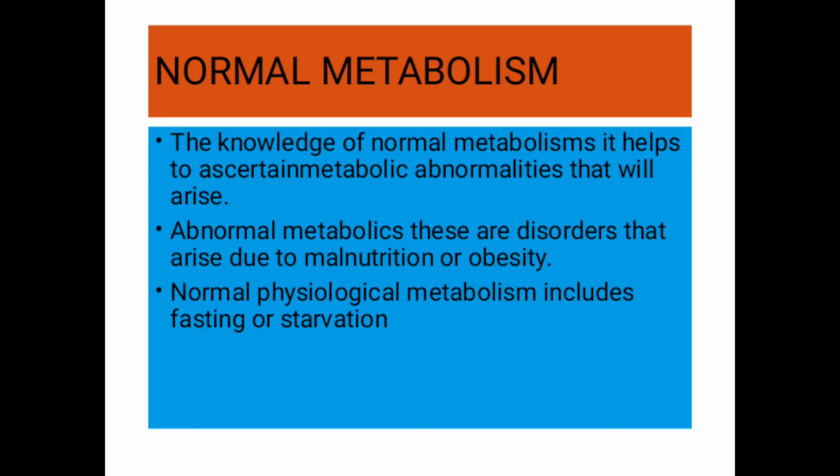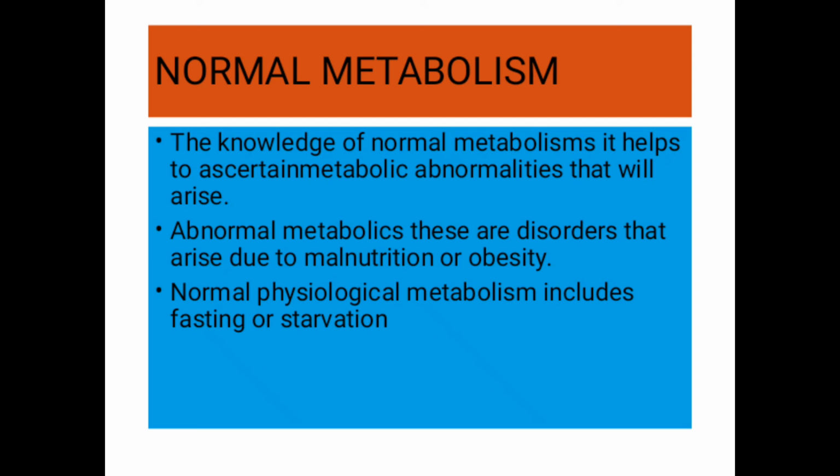So the abnormal metabolism, these are just disorders that arise due to malnutrition or obesity. For example, if someone has been on starvation for some time, they will tend to have what we call catabolic abnormalities or catabolic disorders, where the body will use up all its energy, and then these people will be malnourished. So that one is called malnutrition.